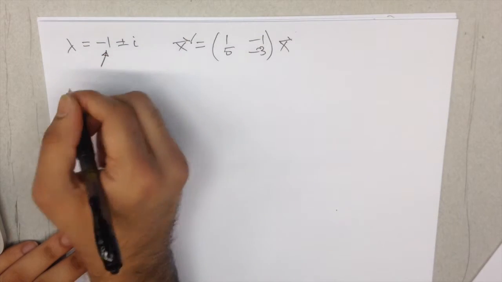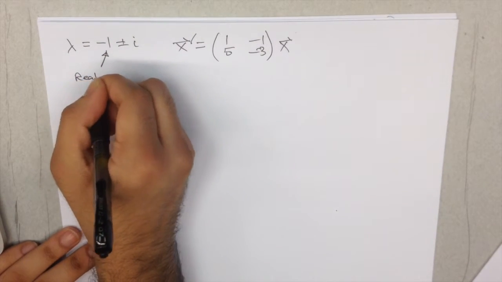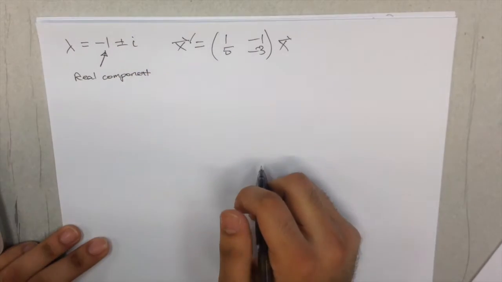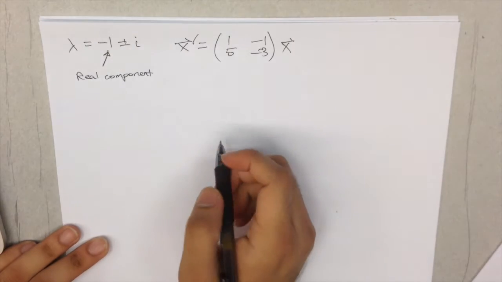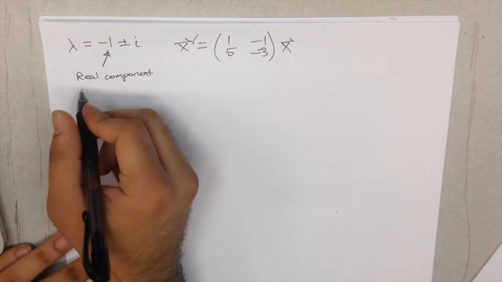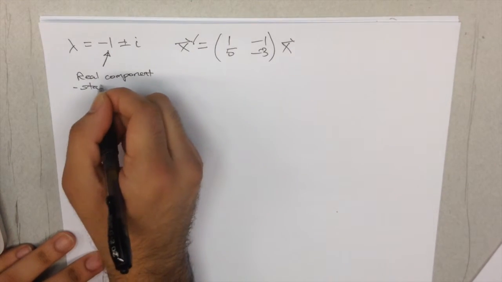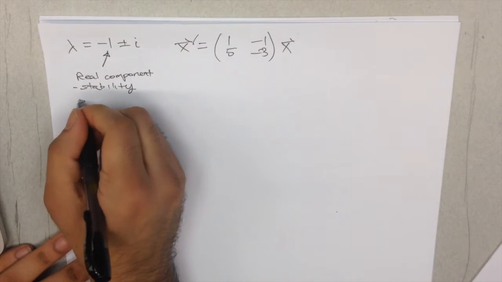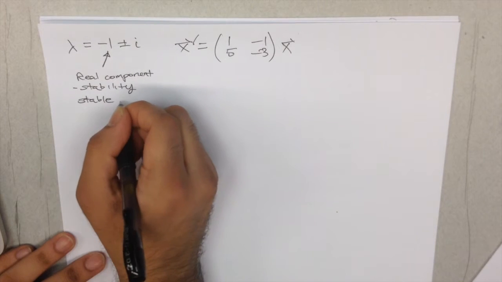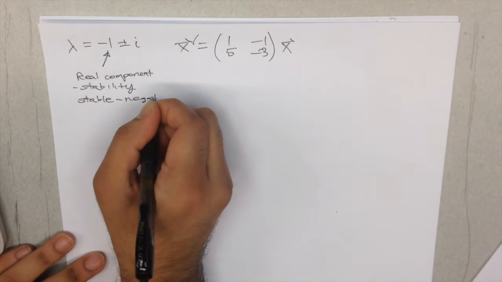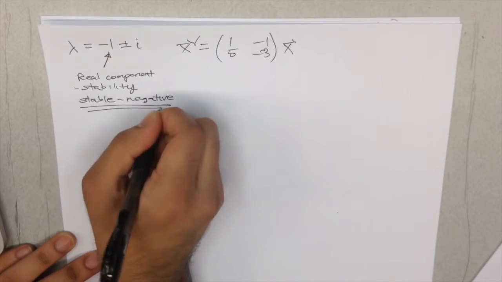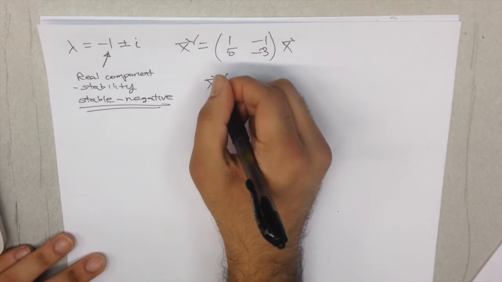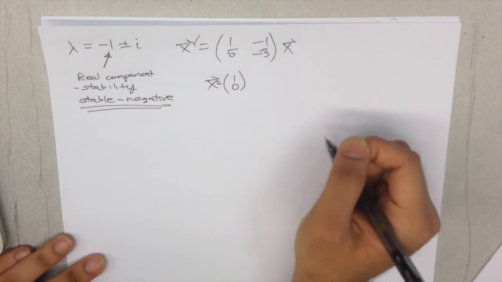So first of all, this real component, again, the real component gives us the stability. Because it's negative, we know it's stable. Furthermore, let's say we picked x to be equal to 1, 0.